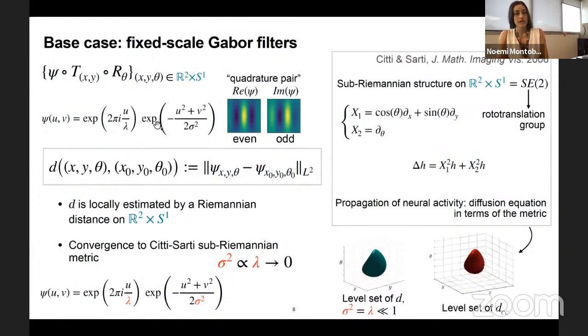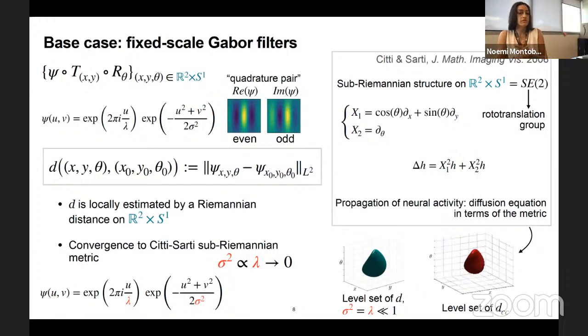In this case, the feature space, as I was mentioning before, is the roto-translation group, R2 times S1. This already has a pre-existing geometric structure, a Lie group structure. This was actually used in previous work by Citti and Sarti to describe the lateral connections of V1 in terms of a sub-Riemannian diffusion operator on this space.